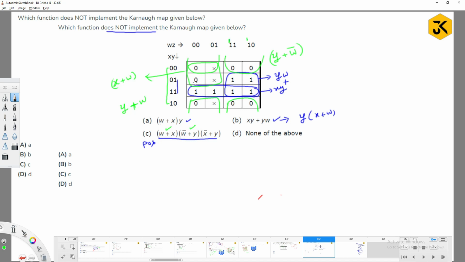you need to cover this term compulsory. To make this term compulsory, try to observe what I did. Initially I tried to cover this term. Now we are trying to cover the first and last.